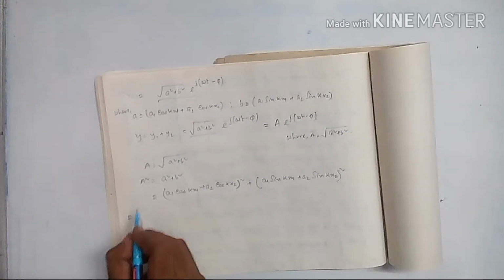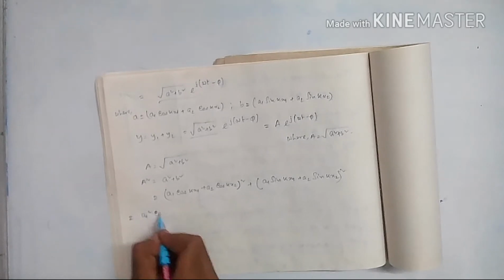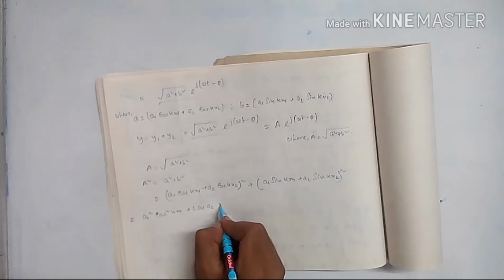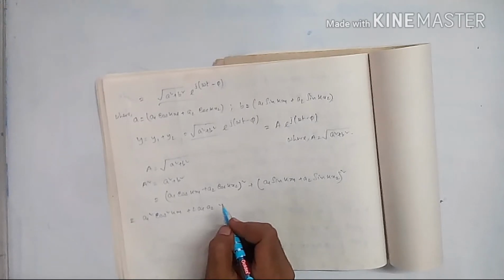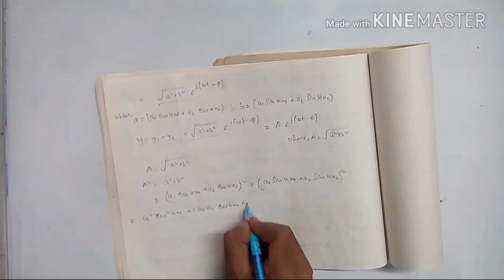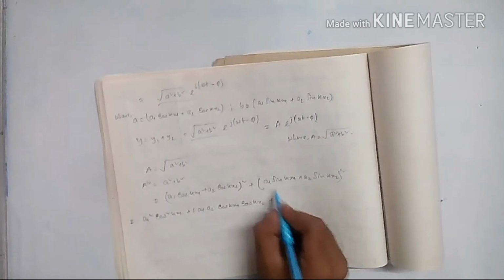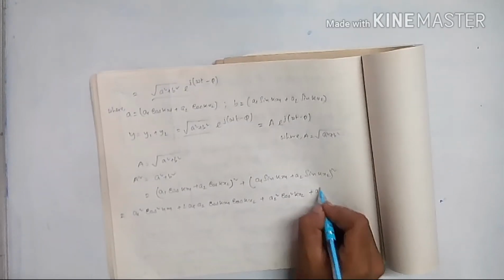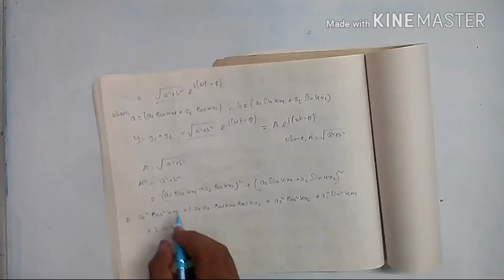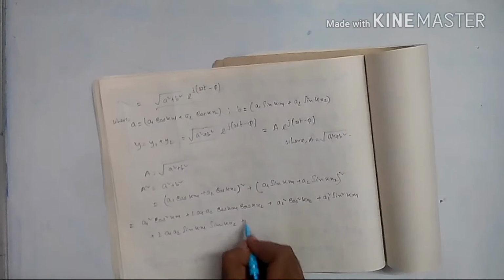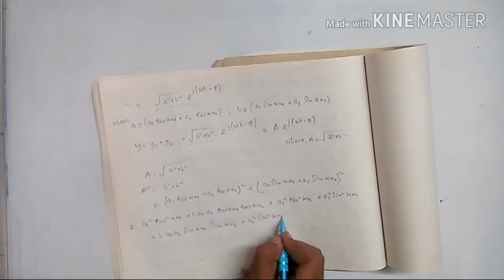So just open the bracket: A1 square cos square kx1 plus 2A1A2 cos kx1 cos kx2 plus A2 square cos square kx2 plus A1 square sin square kx1 plus 2A1A2 sin kx1 sin kx2 plus A2 square sin square kx2.